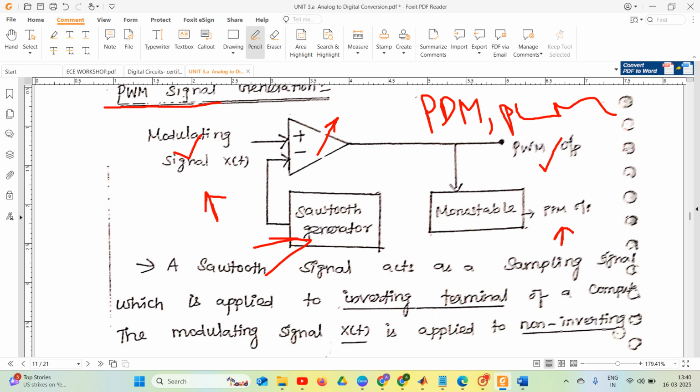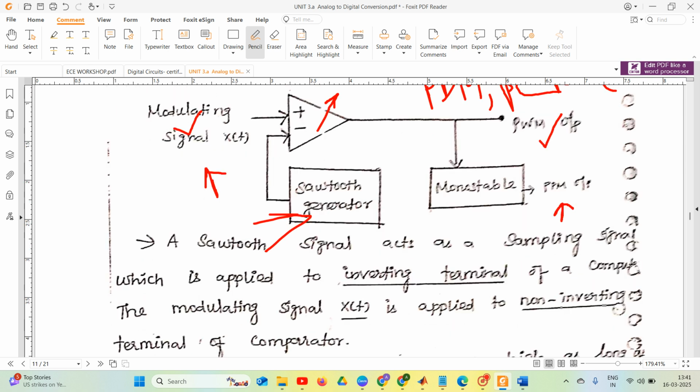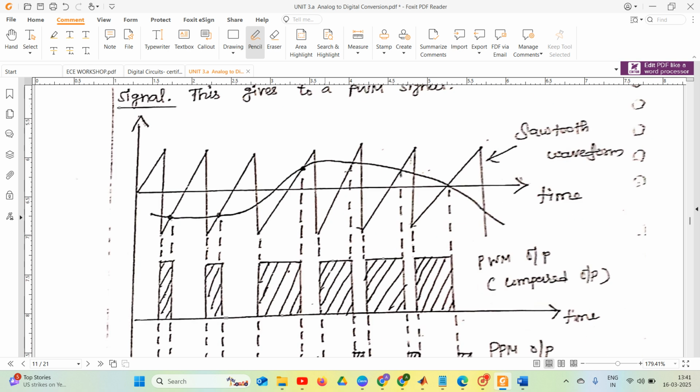That is the one condition. In order to generate the pulse width modulated signal, as I said before, the sawtooth generator generates the sawtooth signal. You know very well, this is our sawtooth signal, right?